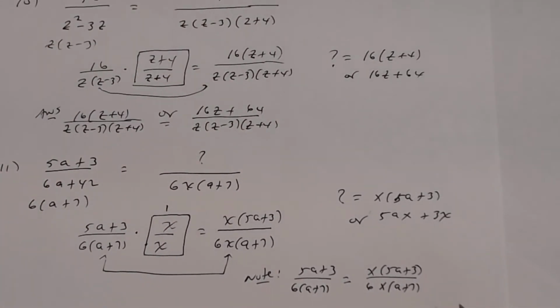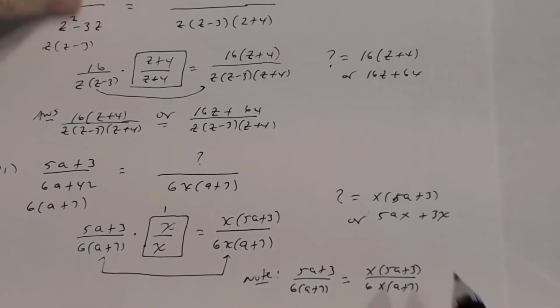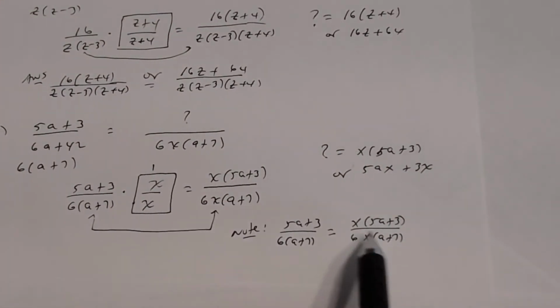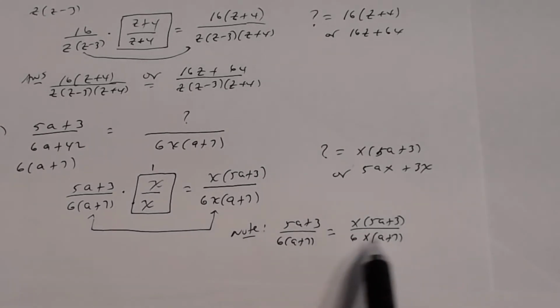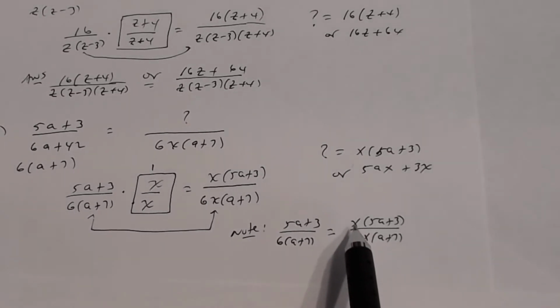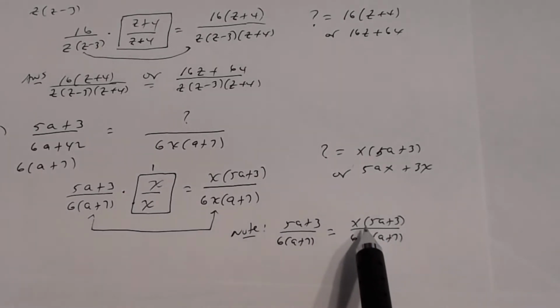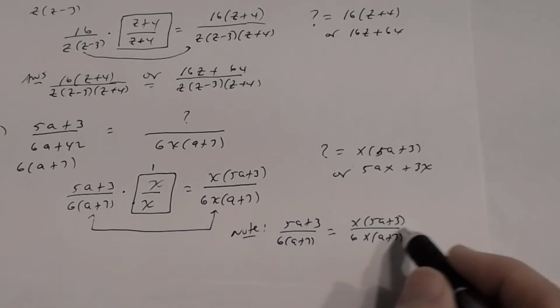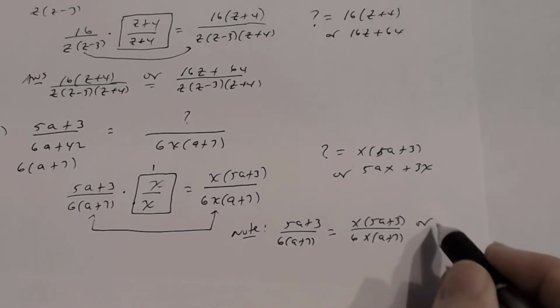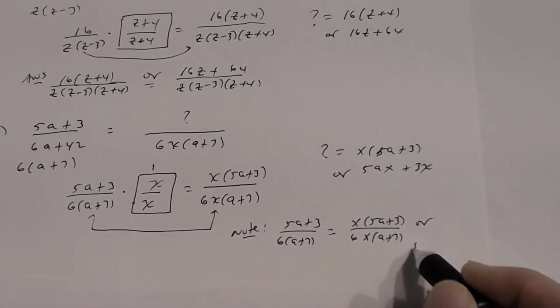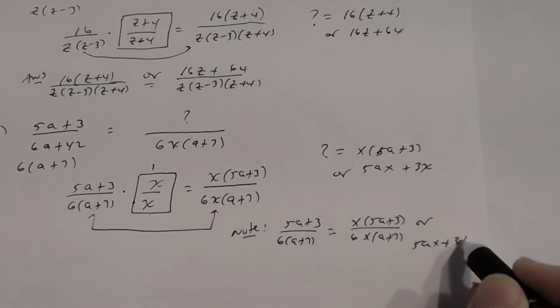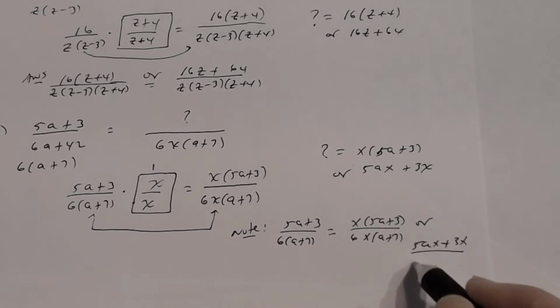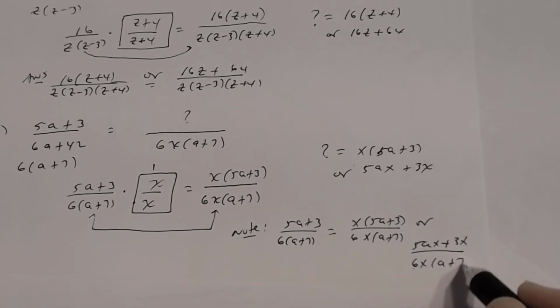Now remember, in the next lessons, it'll be important that you leave the denominator factored, but you're also going to see that when you write equivalent rational expressions in the next lesson, if you get this, you're probably going to want to distribute. So you can go ahead and distribute. You can write it as 5ax plus 3x divided by 6x times a plus 7.